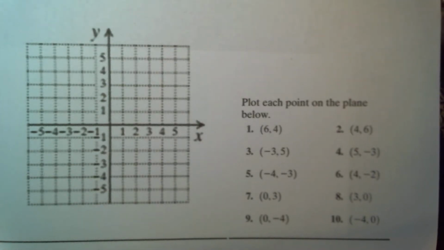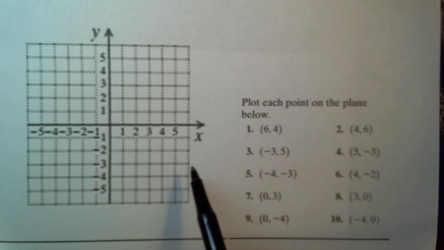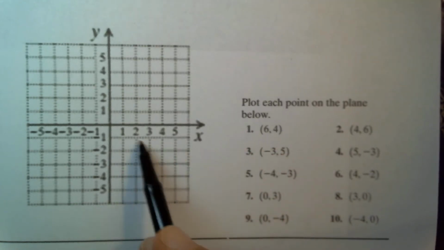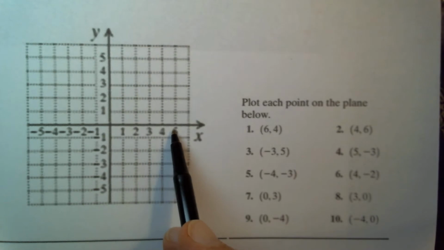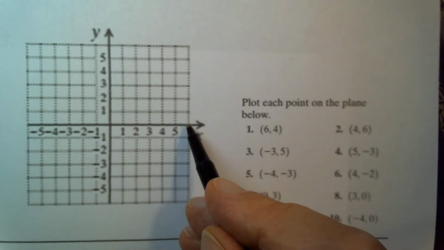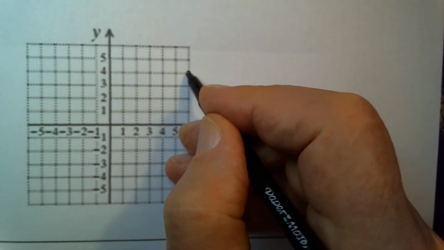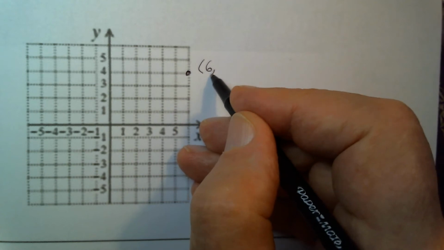So in these exercises, we're supposed to plot the points on the plane. And so 6, 4 means we go 6 to the right, 1, 2, 3, 4, 5, 6. And the 4 is a positive 4, we go up 4, 1, 2, 3, 4. So here's the point with coordinates 6, 4.